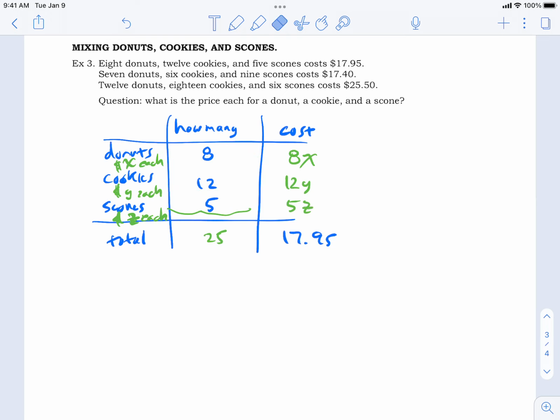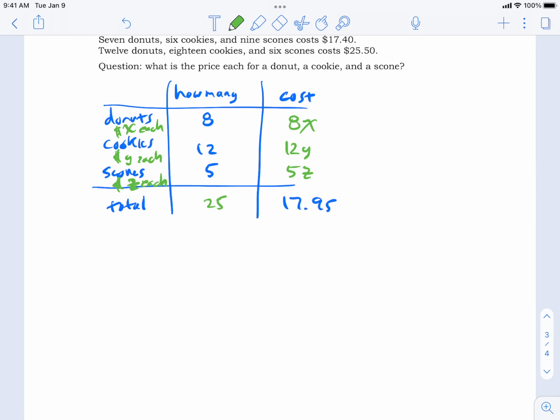Looking at the table in the vertical direction, this doesn't tell me much. 8 plus 12 plus 5 is 25. I kind of knew that. But this gives me a really nice equation. So let's write that equation down. I got 8x plus 12y plus 5z equals $17.95.